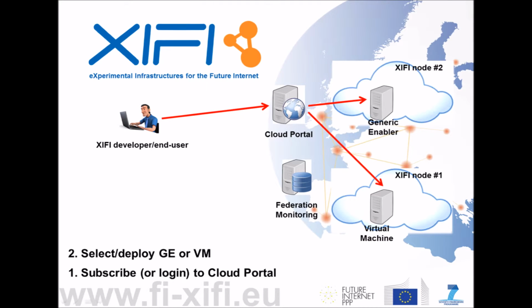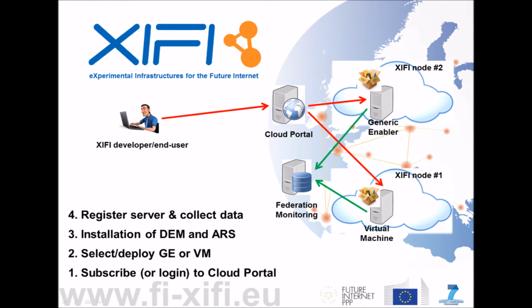Then, he selects the GEs to be deployed either through images or using a recipe. Along with the GE deployment comes the installation of the DEM and ARS software components that allows the automatic registration of this newly deployed service offered through the GE.